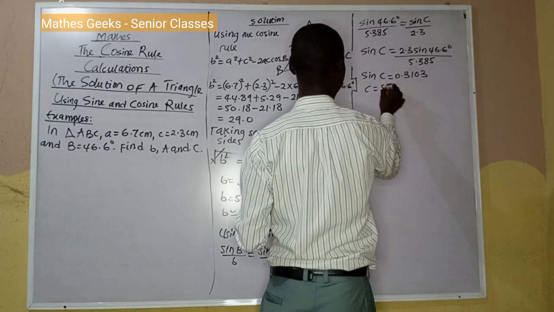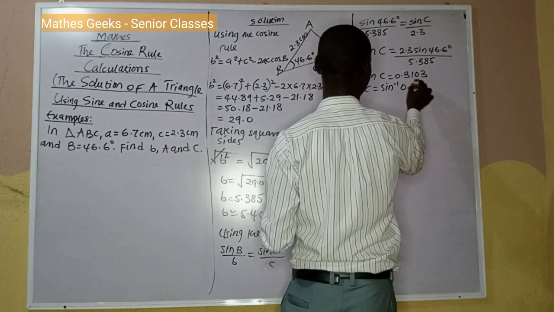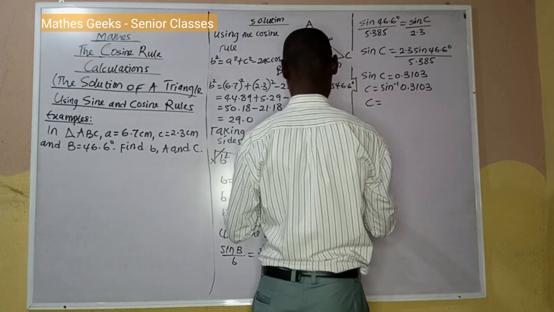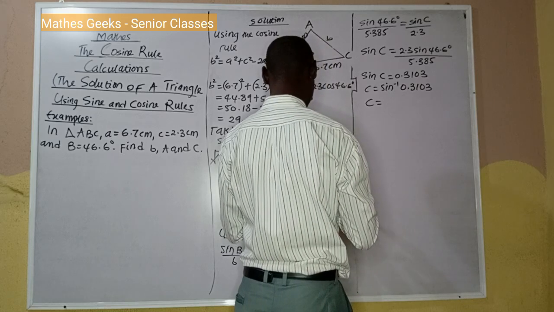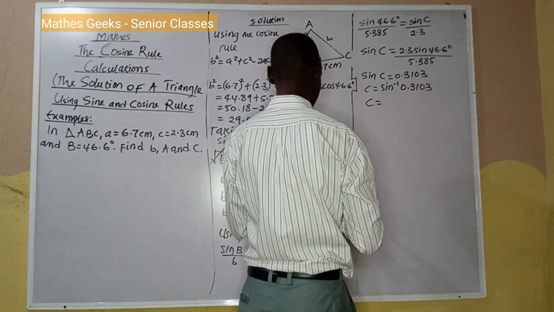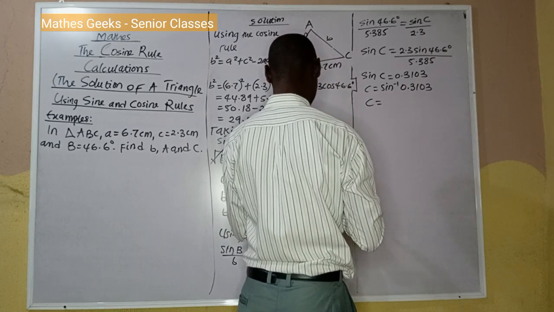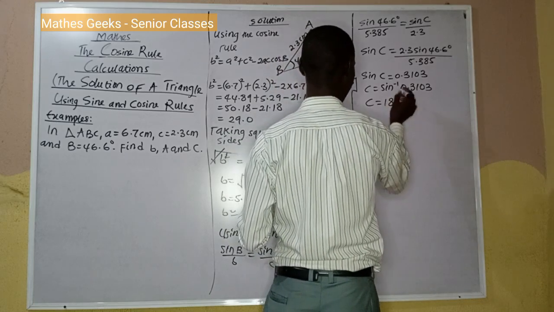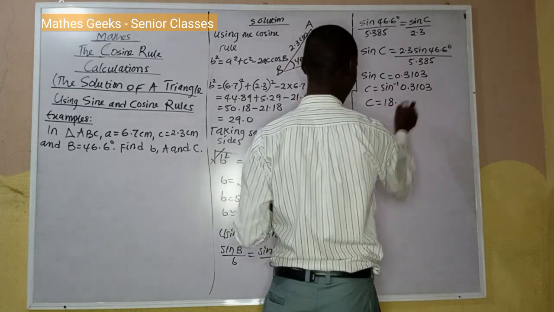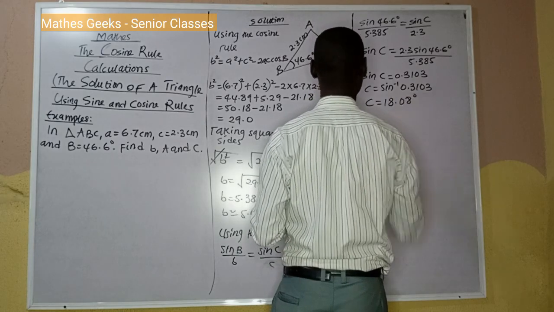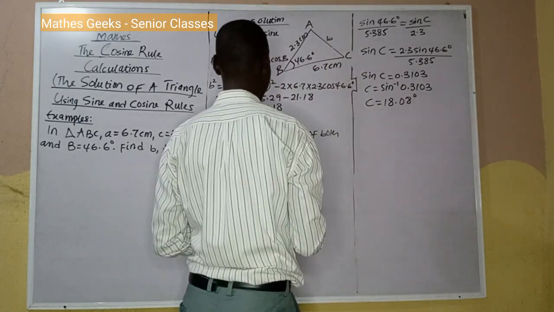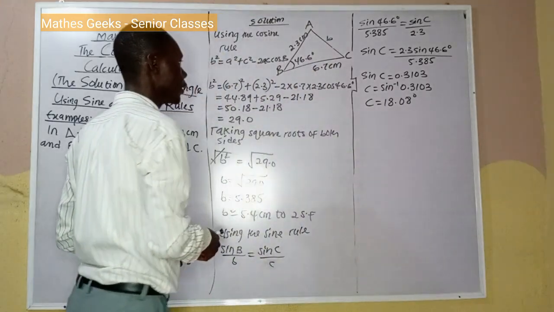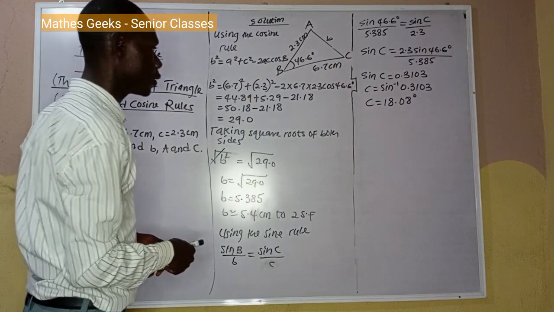So C is equal to arc sine 0.3103, and C is equal to shift sine 0.3103, 18.08 degrees. So the value of C is 18.08 degrees.